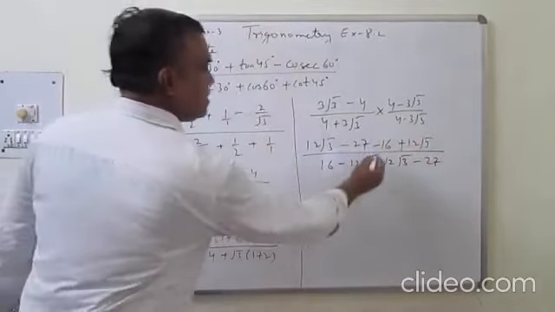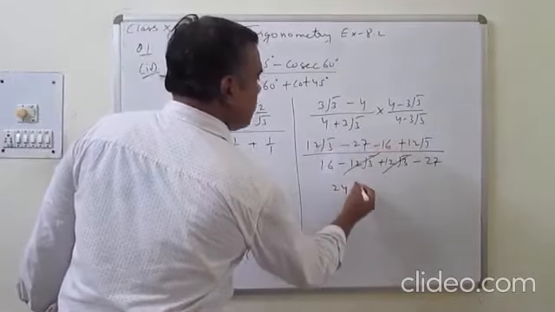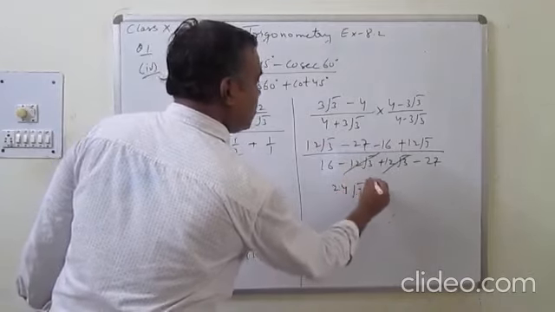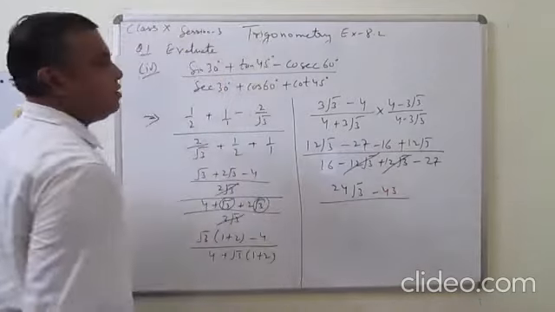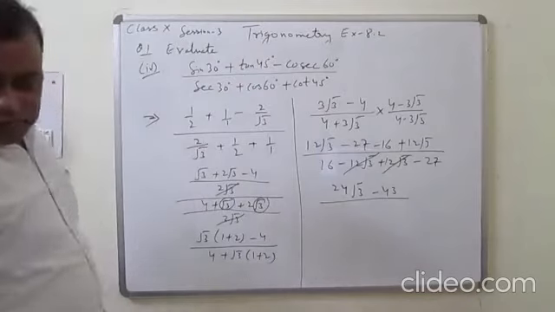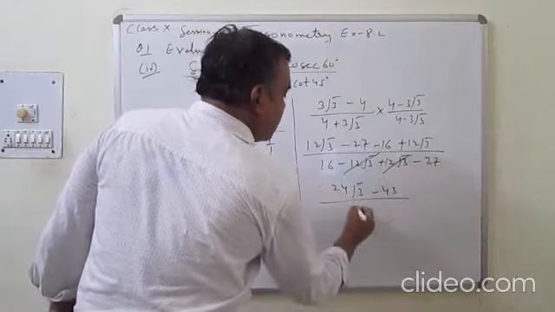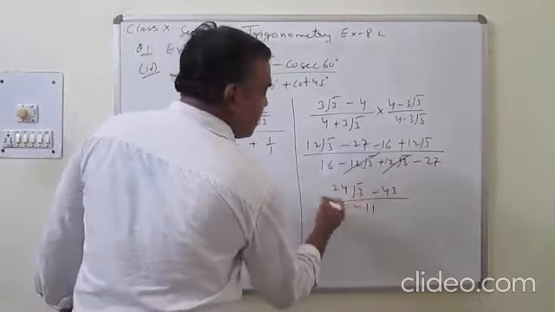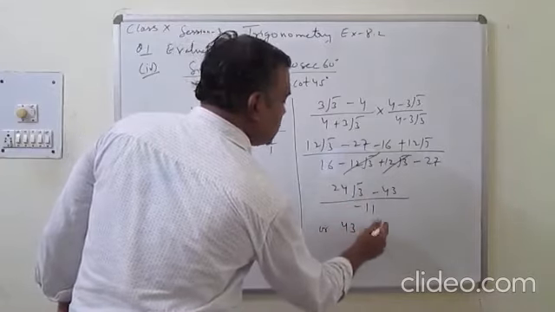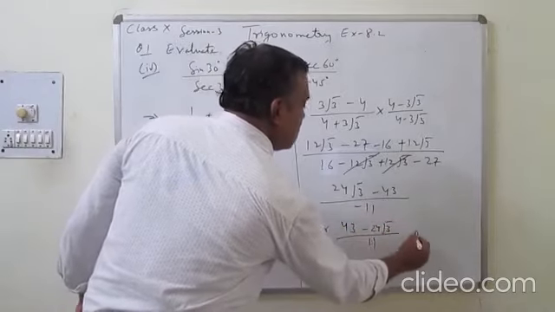So this will cancel out and it becomes 12 into 12, 24, minus 24 root 3 upon 16 minus 27. How much is 16 minus 27? It is minus 11. My negative sign goes in numerator, so it becomes 43 minus 24 root 3 upon 11 is the answer.